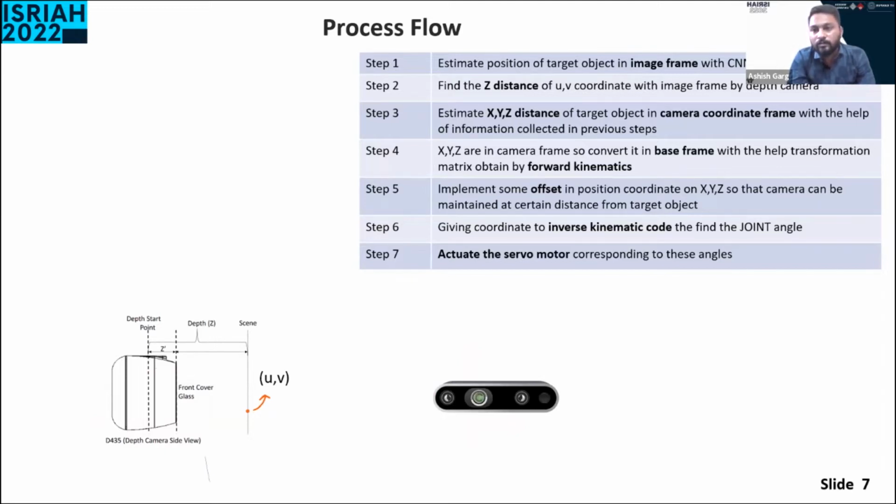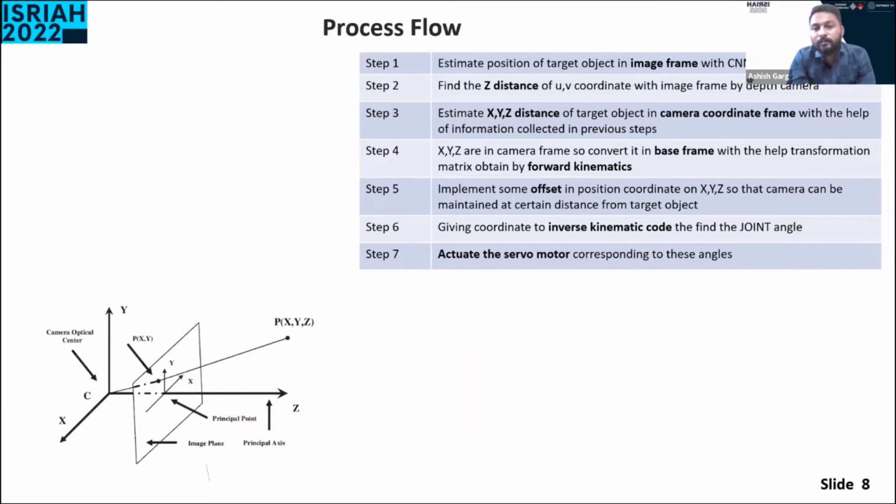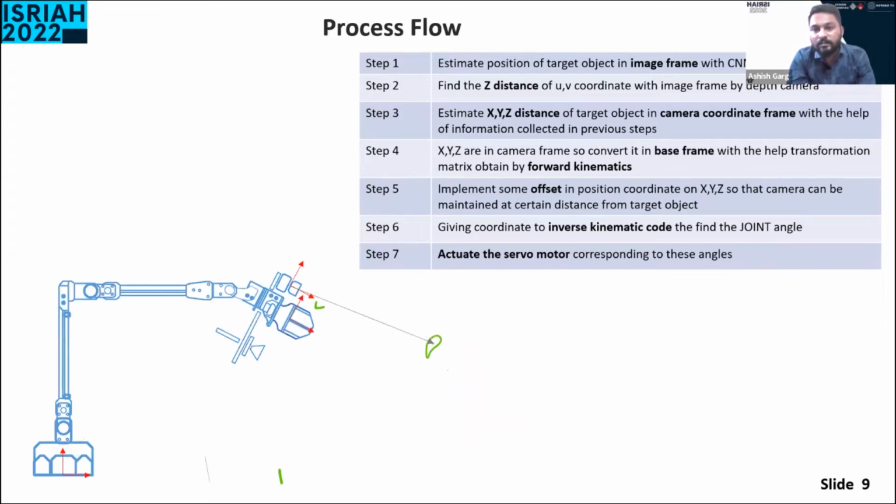With the UV coordinate, depth, and camera calibration information, we can find the location of the targeted object in the camera coordinate frame. Then we have to find its location in the base coordinate frame.